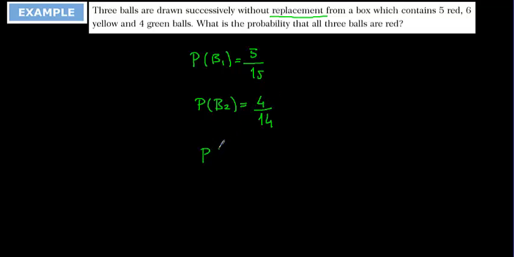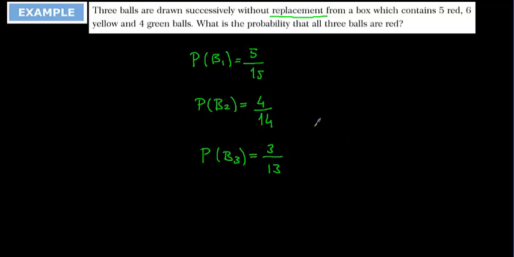And again, the probability of the third ball: now we have selected 2 red balls, so 3 red balls remain at most, and from the total set, without replacement, we are not going to put them back, so it's 15, 14, then 13 left.